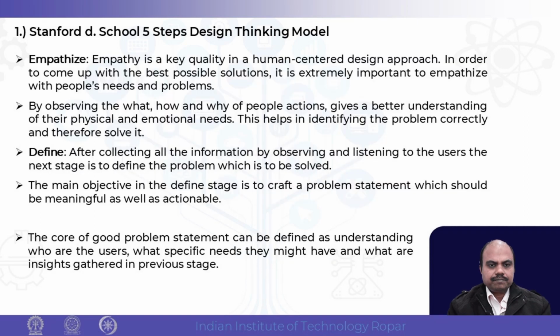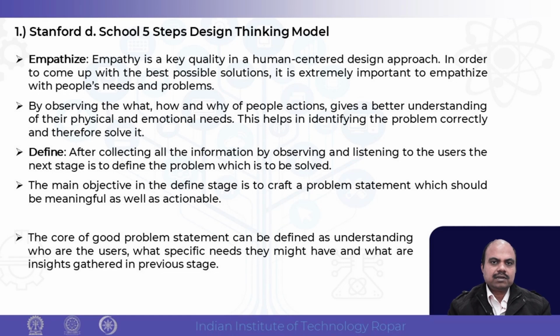In the first step, there is empathize. Empathize is a key quality in the design thinking approach in order to come up with the best possible solution. Here we observe and empathize with the feelings of the user. Why do people take this action? This gives a better understanding of their physical and emotional needs, because the needs of different people are different.